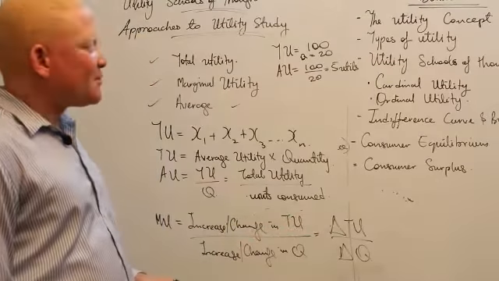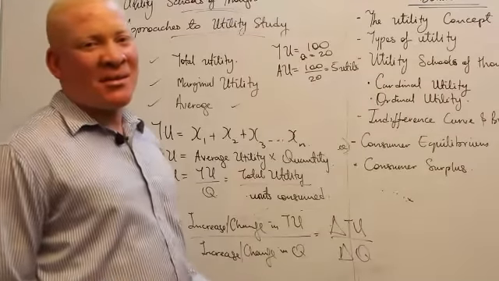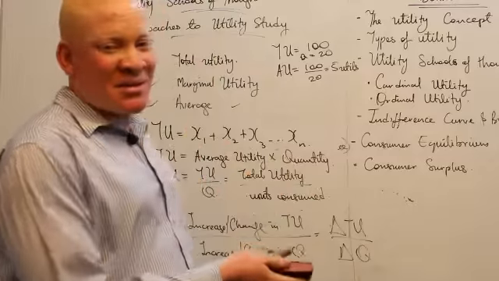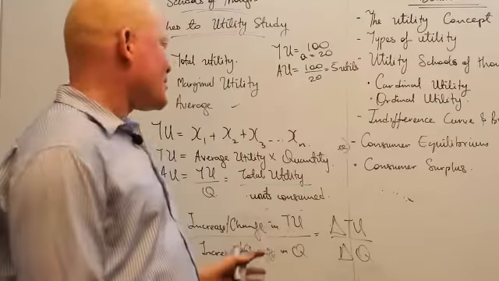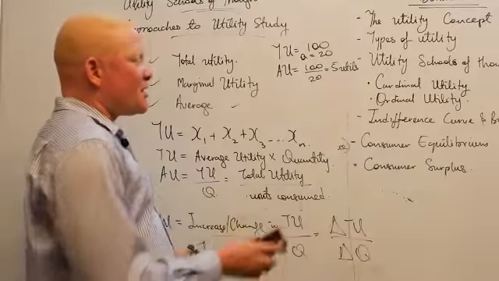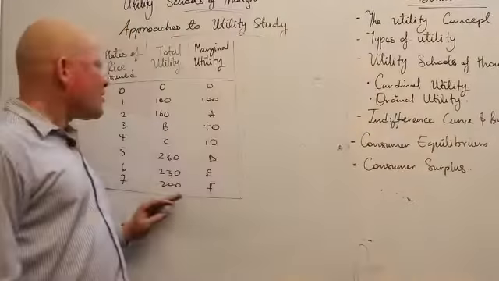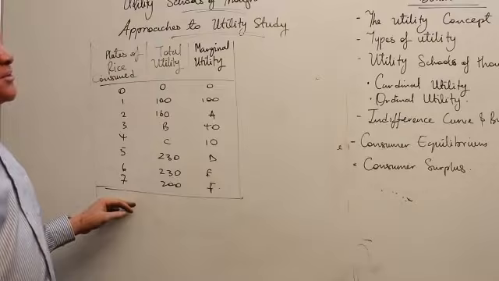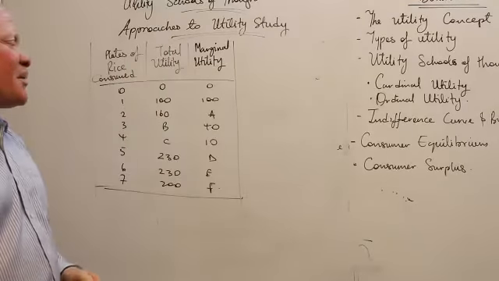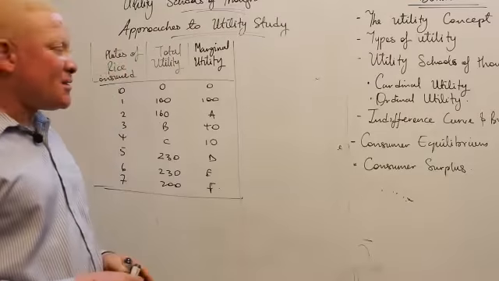Now, more practically, we'll be using a table to illustrate how we could calculate the total utility, average, and marginal utilities. This is a utility schedule that we could use to apply the formulas we studied before.